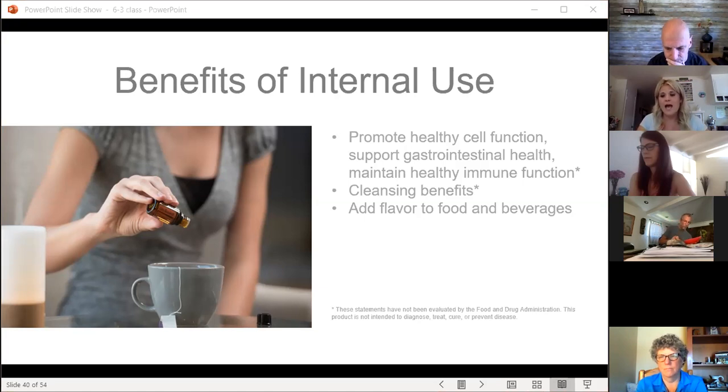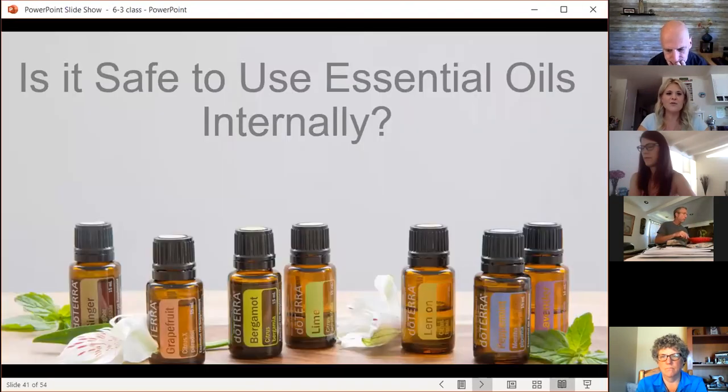And they're extremely useful for adding flavor to our food and to any dishes or to our water. It's just great ways that we can have a quick little pick-me-up. So is it safe to take essential oils internally?